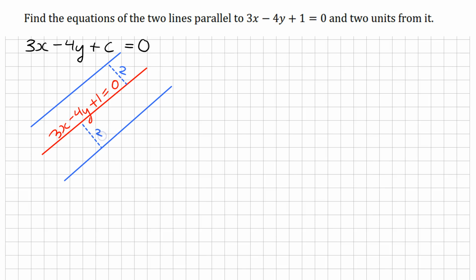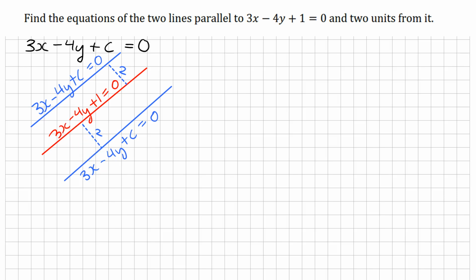Okay. And we know that the two blue lines have the equation 3x minus 4y plus c equal to 0, and the only thing differentiating between the two blue lines is the constant c.